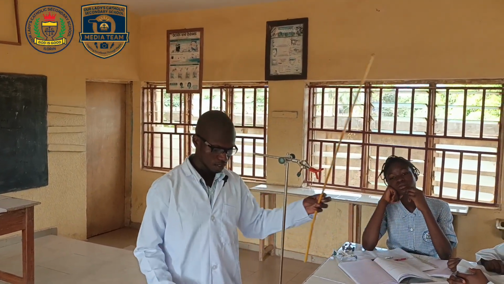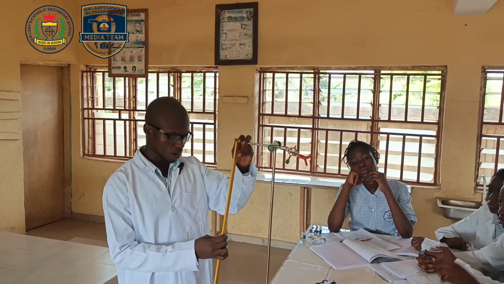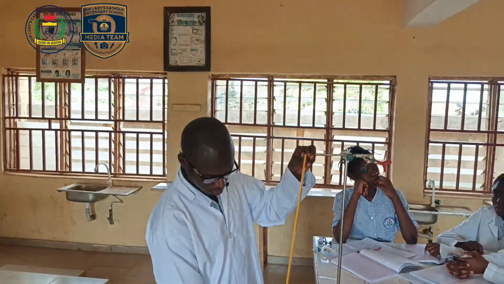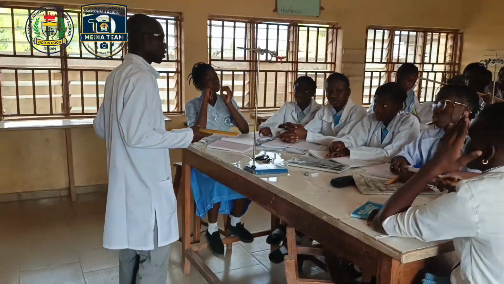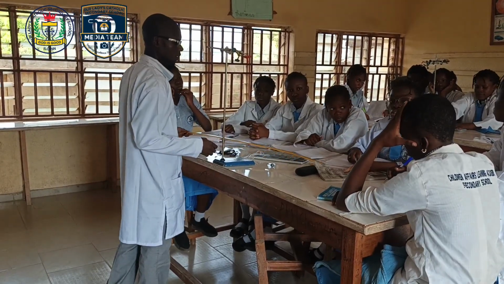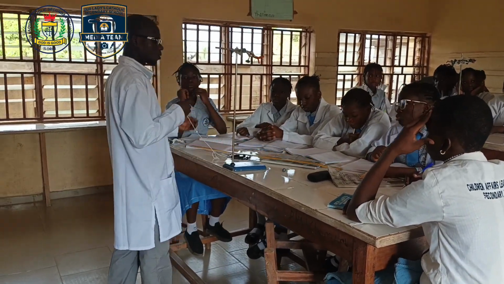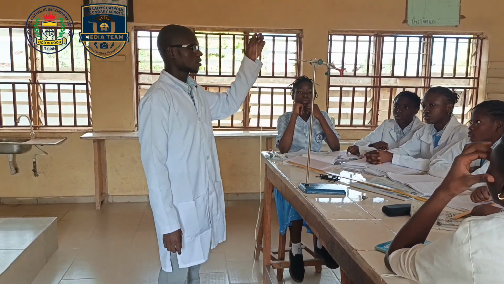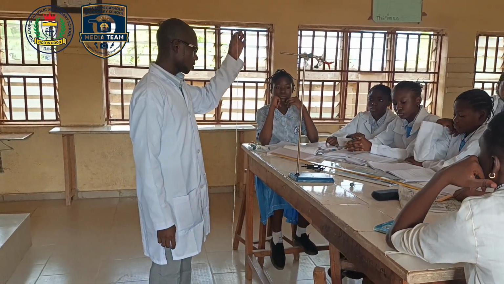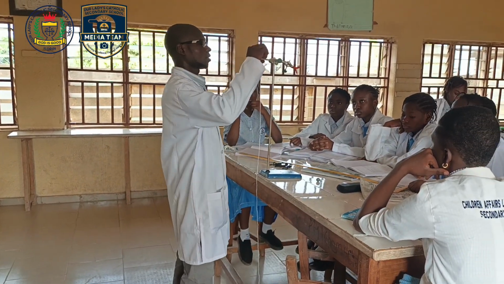That is what they said. Distance from here to the floor should be 1.5 meter. So if you check it, the other part should be 50 centimeter. So that is 1.5 meter. So the distance is 1.5 meter. So what we do? The length of this rope is 150 centimeter. This rope is 150 centimeter.